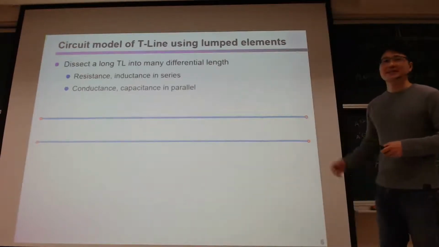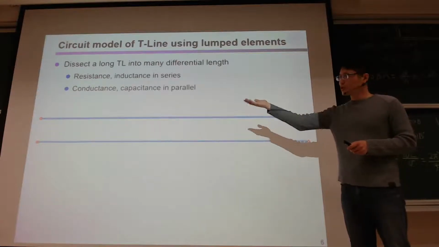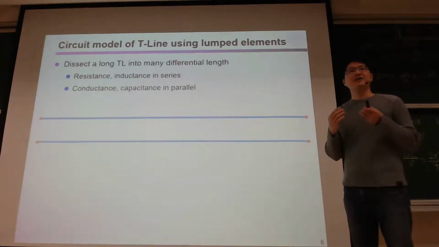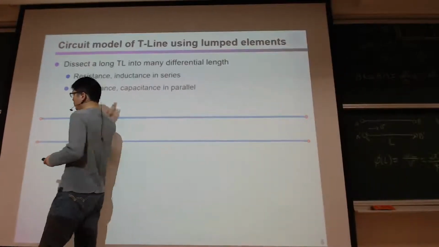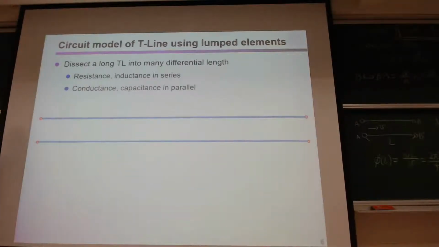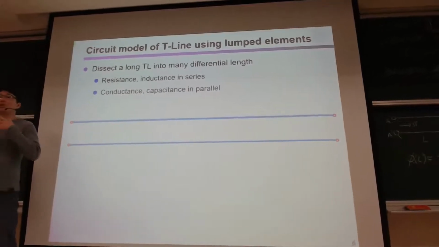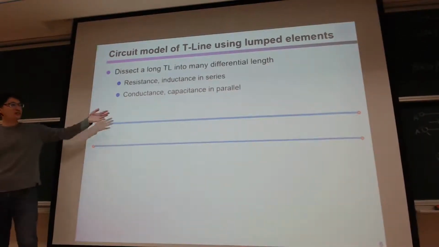So I'm giving you two wires that function as a transmission line. So power can be delivered from the left to the right or from the right to the left, it doesn't matter. But the question is, where do we start? How can we start? It's just two lines.